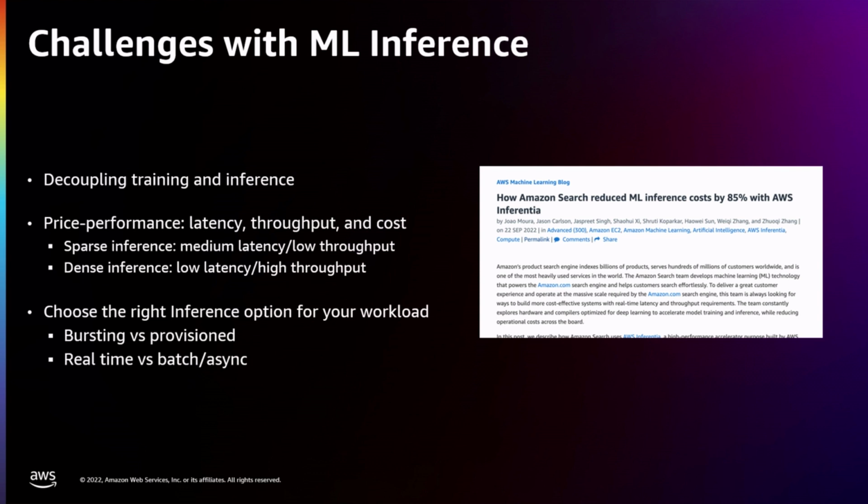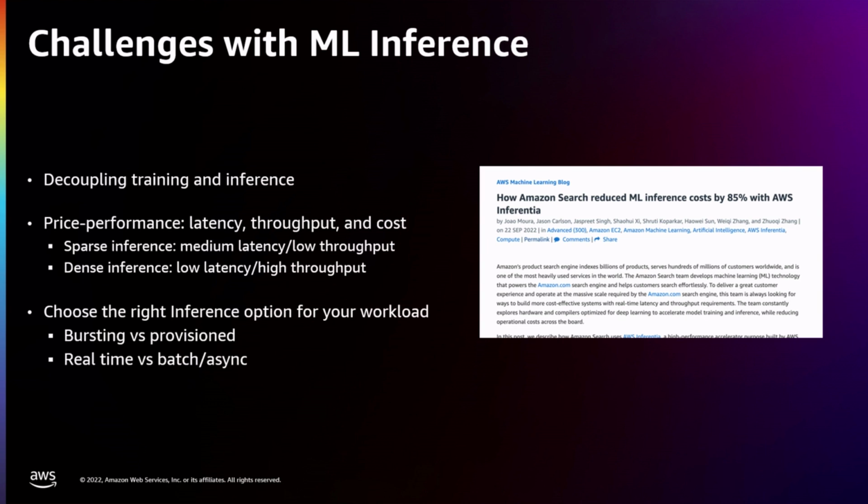Lastly, with inference, you need to take into account, hey, what are the actual needs of that inference? Do you need real-time inference where you know what your workload is going to look like, and therefore a provisioned strategy is best, versus bursting inference? SageMaker, for example, provides inference options similar to Lambda, where you can have serverless inference.